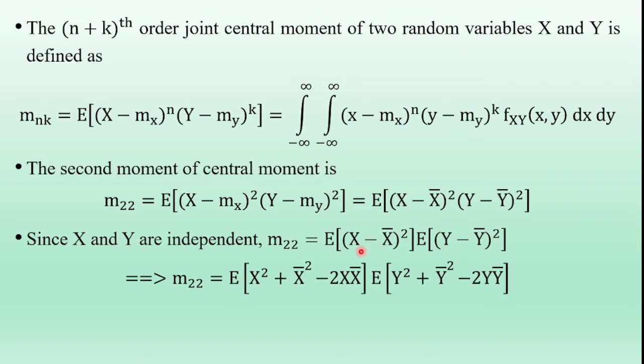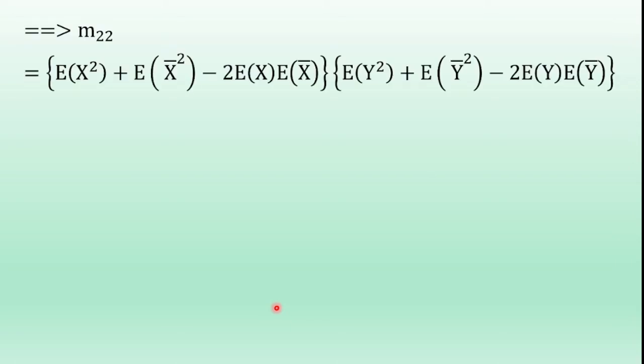Now we apply the (a minus b) whole square expansion: x square plus x bar square minus 2 x x bar. Here also, applying (a minus b) whole square, y square plus y bar square minus 2 y y bar. After that, applying the expectation property, that the expectation of a sum of random variables is equal to the sum of their individual expectations, we get the expectation of x square plus the expectation of x bar square minus 2 times the expectation of x into the expectation of x bar.